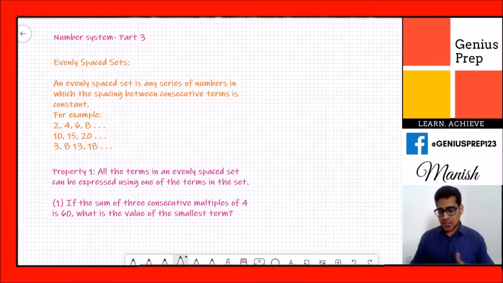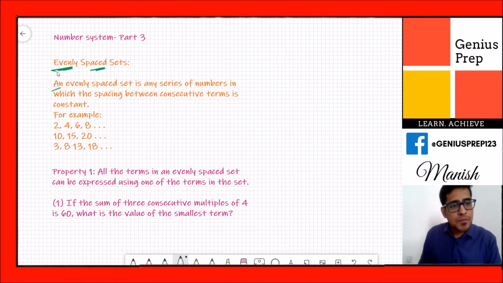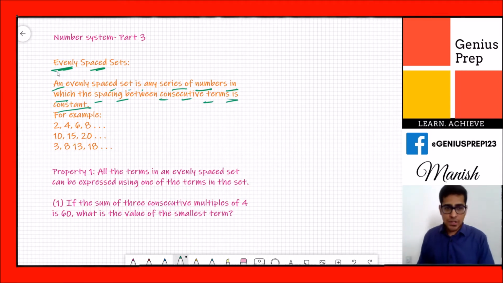Let's get started with the very first thing: the evenly spaced set. What is that? An evenly spaced set is any series of numbers in which the spacing between consecutive terms is a constant. What does it mean? It means that in a given series, the difference between two consecutive numbers is always the same.